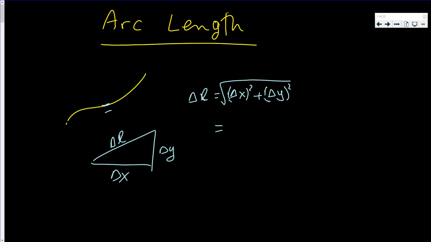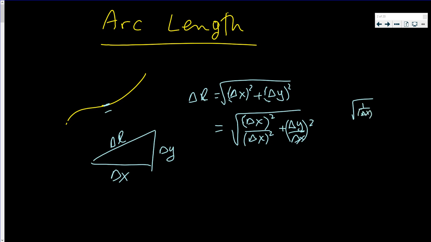Now, what I'm going to do is divide, inside the square root, by delta x squared. So basically, underneath that radical, I multiplied by 1 over delta x squared. Okay, so I need to counter that by multiplying by the square root of delta x squared. But that's just delta x.